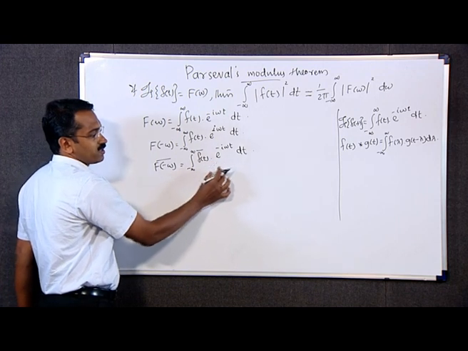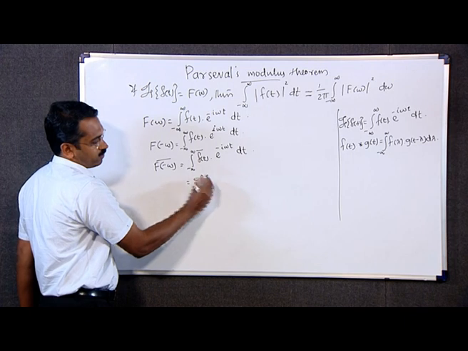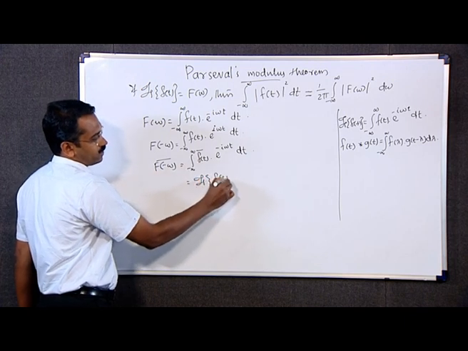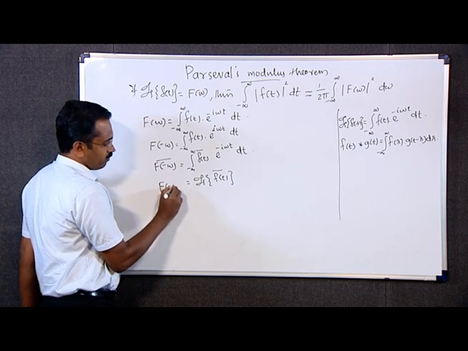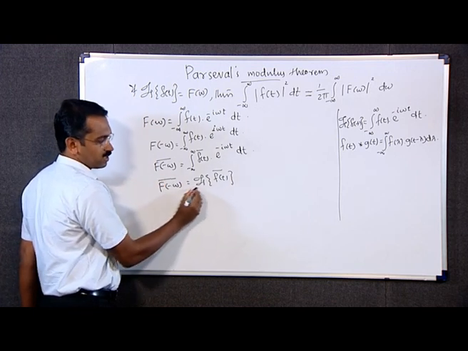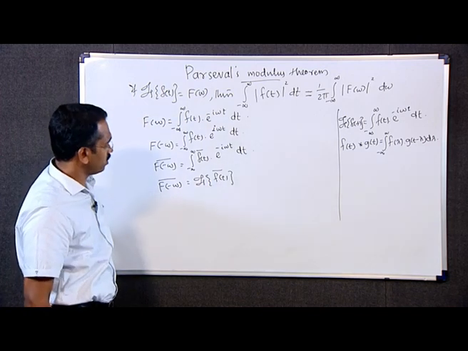We can write this as the Fourier transform of the function f(t) conjugate. That is, the conjugate of F(minus omega) is the Fourier transform of f(t) conjugate.